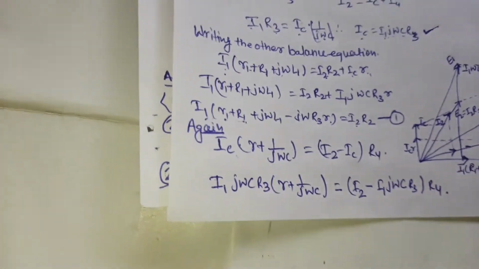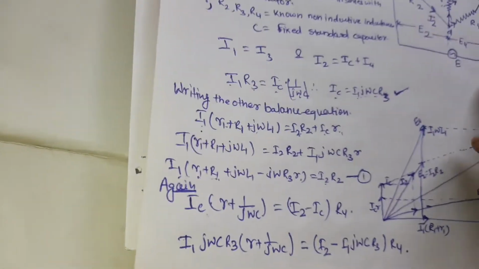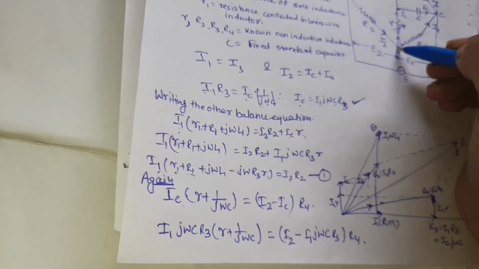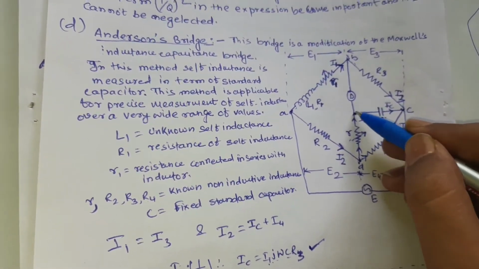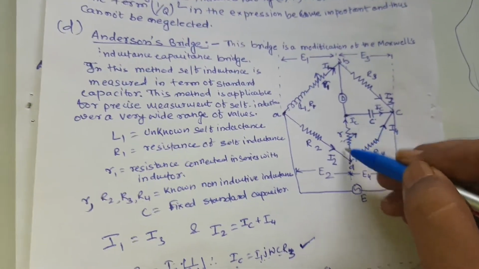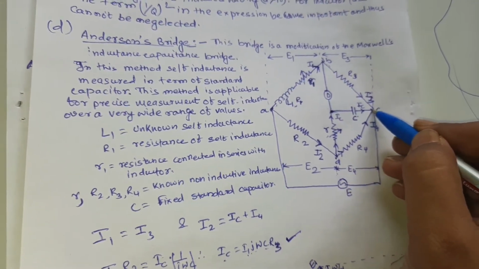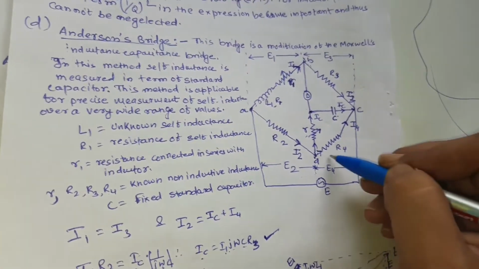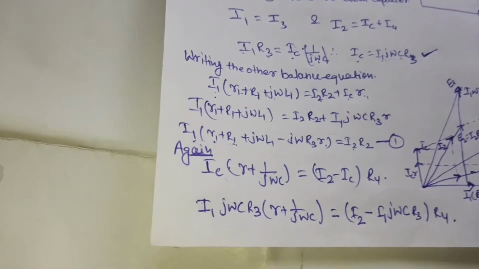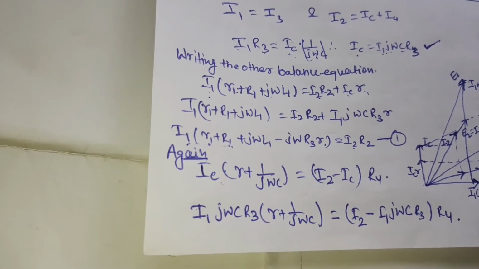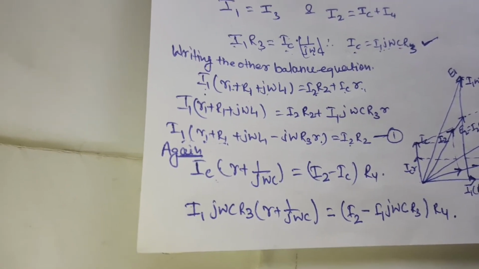Again for the balance circuit, the voltage drop across small r1 plus the voltage drop across the capacitor must be equal to the voltage drop across the R4 branch. So IC into (r plus 1 by j omega C) is equal to (I2 minus IC) into R4.